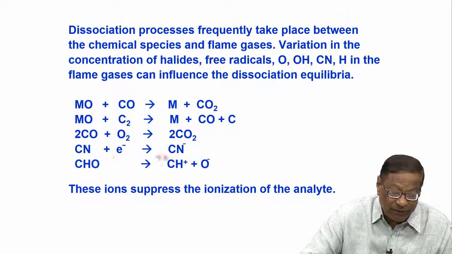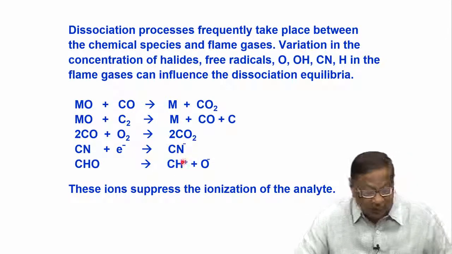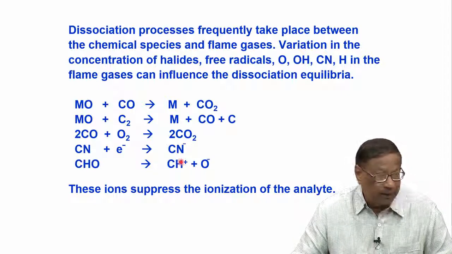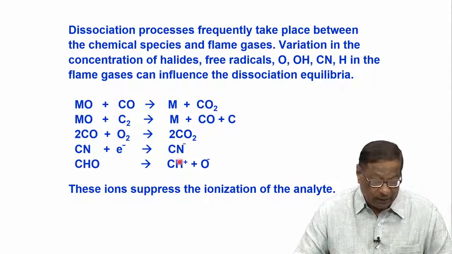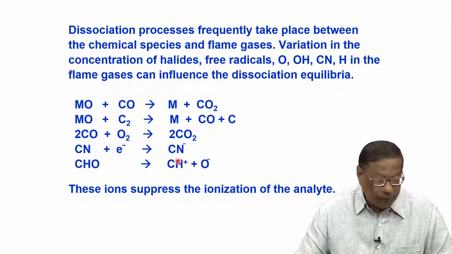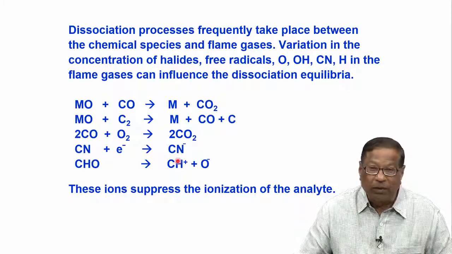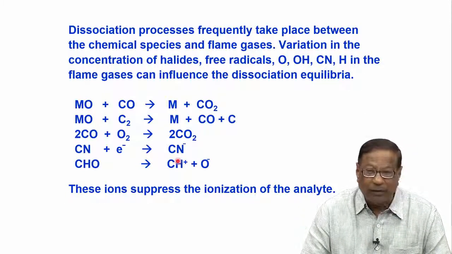Similarly, cyanogen reacts with an electron to give cyanide minus, and again this has a broadband decrease in the absorbance. CHO can dissociate to give you CH plus and O minus, and this CH plus also reduces the signal.